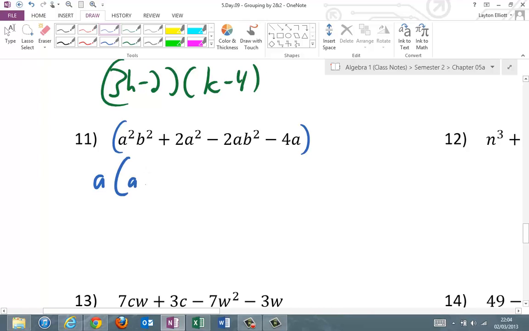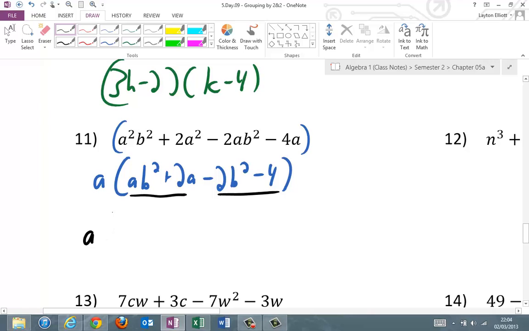We're going to have a b squared plus 2a minus 2b squared minus 4. And then if I do my underlining with this and this, I can still take something out. So I've got an a in parentheses, then I'm going to take out an a here, and I have a b squared plus 2, minus, and I'm going to take out a 2, and I have a b squared plus 2.